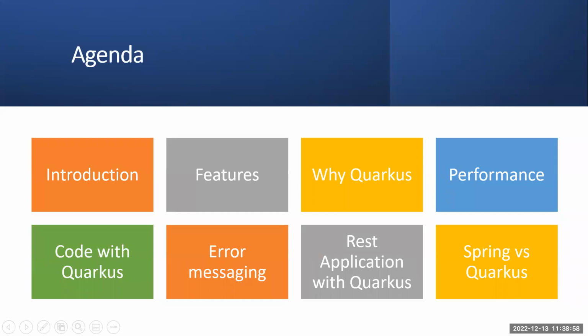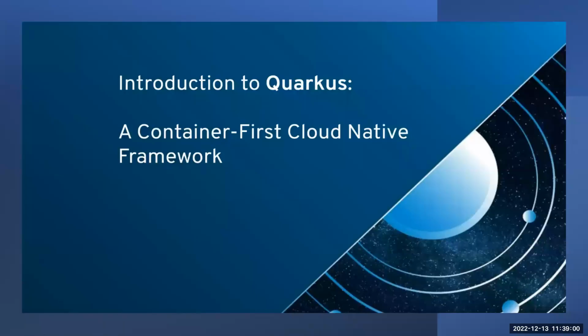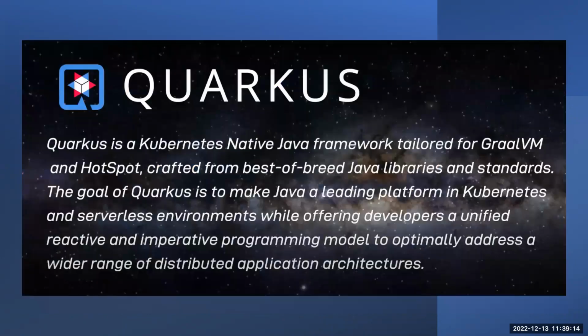Now, if you ask me to introduce Quarkus in one phrase, I would say it's a container-first, cloud native framework. A detailed description of Quarkus is a Kubernetes native Java framework tailored for GraalVM and HotSpot.